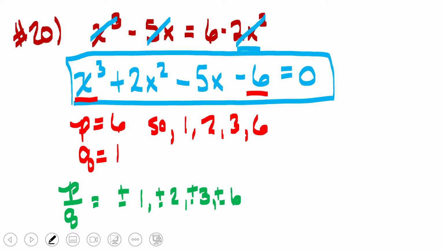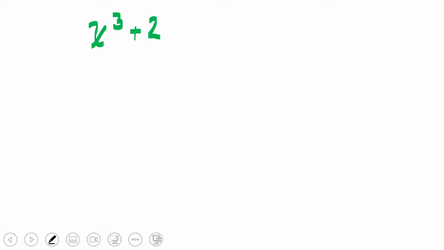We start trial and erroring it, and we pick to solve. So we can generally start picking from the 1. That's the easiest one to plug in or substitute into our polynomial. So we plug in a positive 1. I'm going to rewrite this at the top so we can work with it.